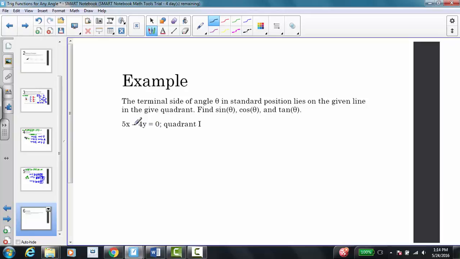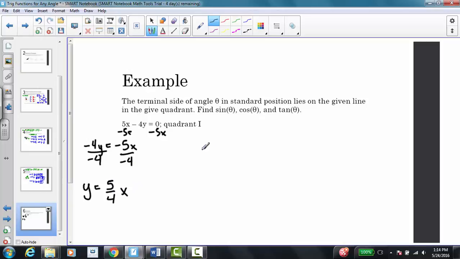So I need to get it into y equals mx plus b form. I'm going to move my 5x over. I get negative 4y equals negative 5x. Divide by my negative 4, and I get y equals 5 over 4 x.